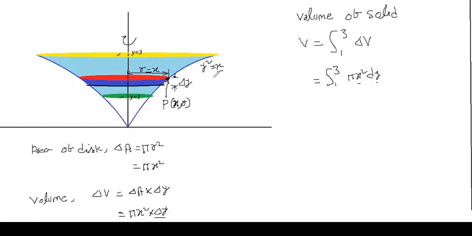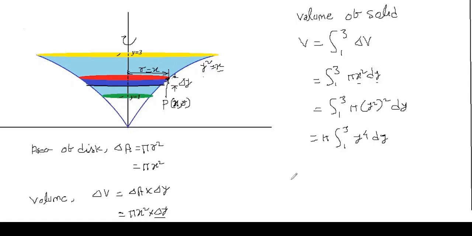So from here, we can replace the x by y squared. So simply we have to replace the x by the curve we have. So it becomes pi times (y squared) squared, where we can simplify it further by taking the pi outside the integral. So the integral from 1 to 3 of y to the power 4 dy.